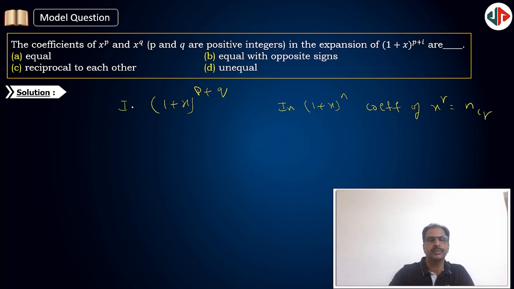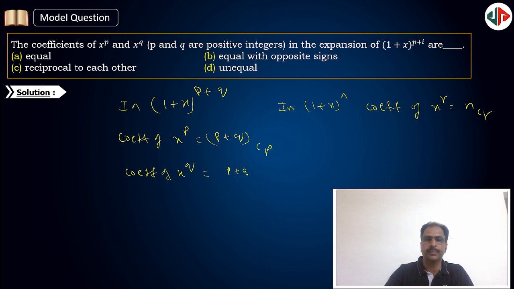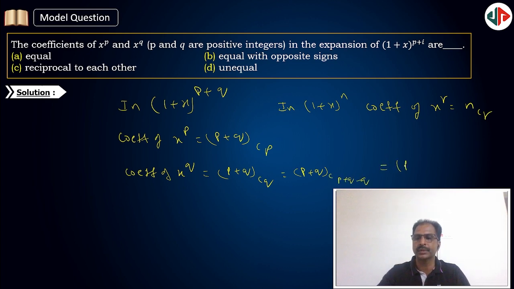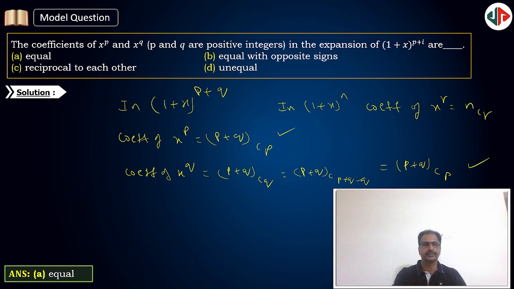So in (1 + x)^(p+q), the coefficient of x^p is (p+q)Cp. The coefficient of x^q is (p+q)Cq. Now, by using nCr = nC(n-r), (p+q)Cq can be written as (p+q)C(p+q-q), which means (p+q)Cp. Both are equal. Option A.